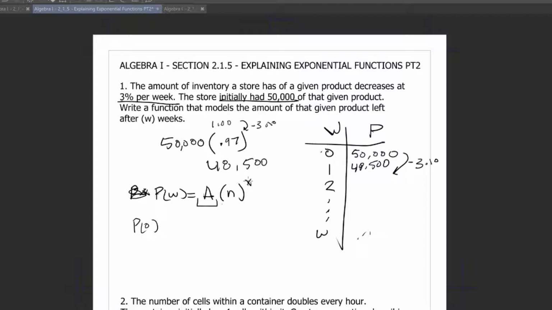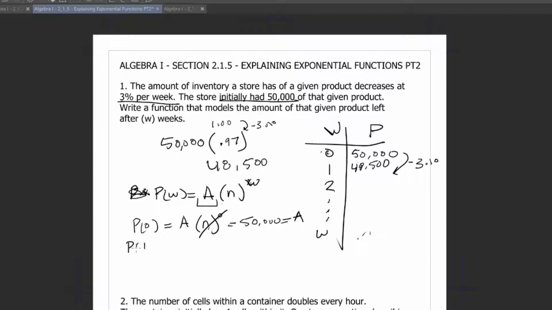P of 0 equals A n to the 0, and n to the 0 equals 1. We know that P of 0 equals 50,000 equals A, so we know A equals 50,000.